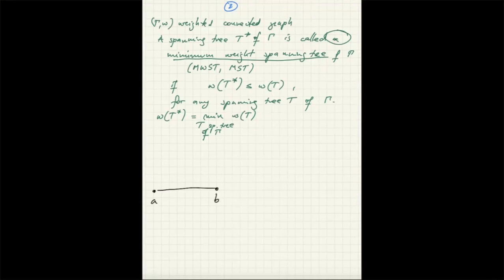Let's say we have the vertices A, B, and I avoid using D and E, so I have X and Y. We have these edges and the weights. 3, 4.